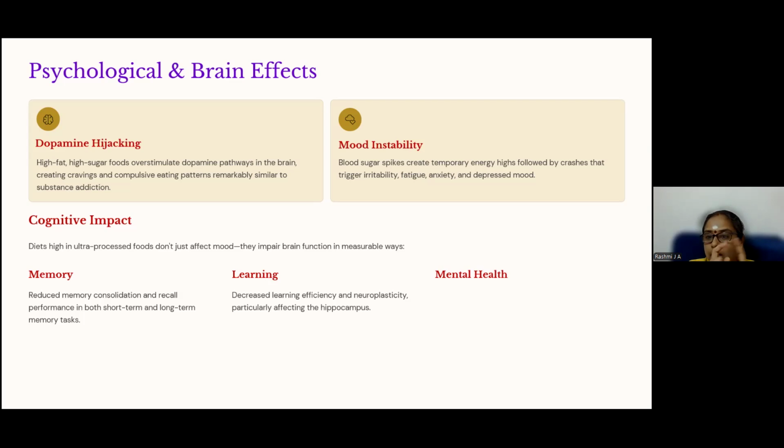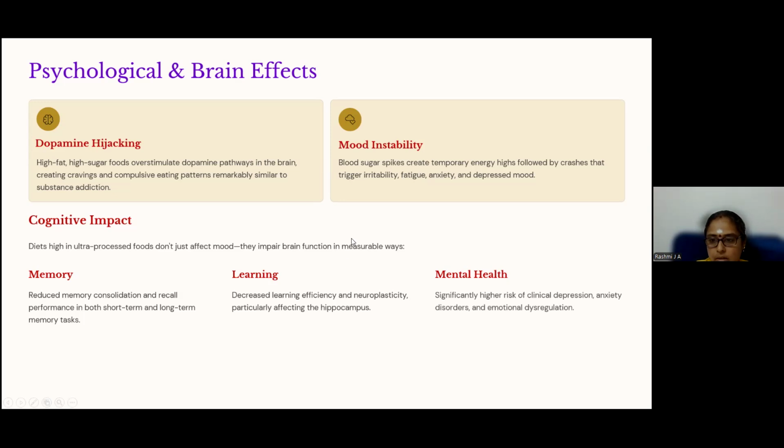So neuroplasticity is the rewiring of the neurons. There will be a connection from one neuron to another. When you do yoga or have a good lifestyle, there will be rewiring, and new connections will happen. That will not happen if you take too much junk food, which means the activity of the brain is going to get reduced.